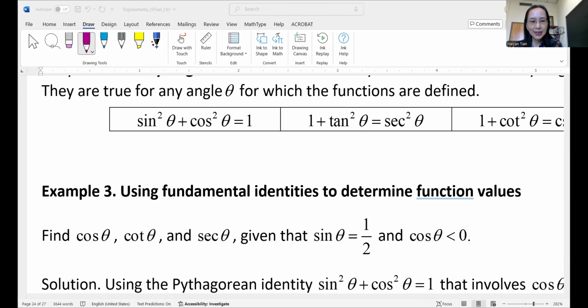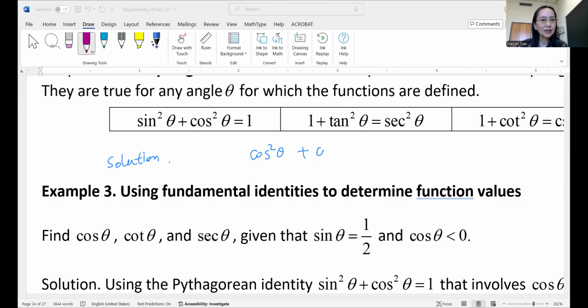So can we find cosine first? Let's try to solve it. The identity, we see sine, cosine are related by what? By the Pythagorean identity. Cosine square plus sine square is 1.